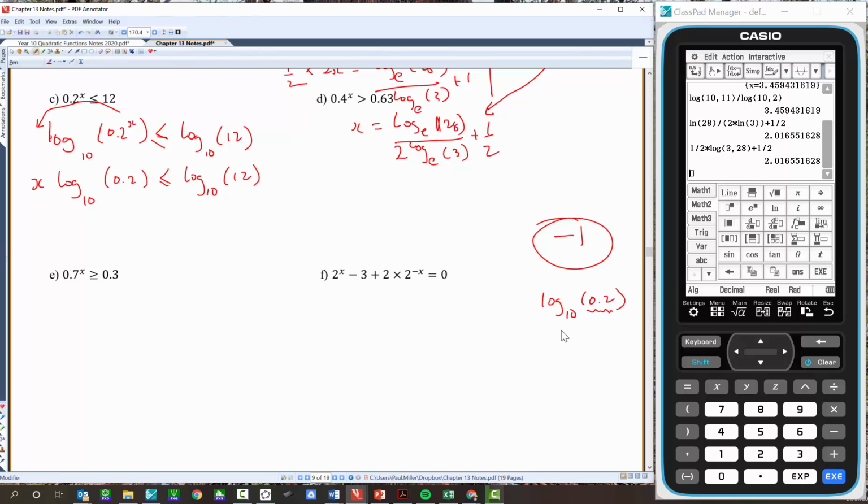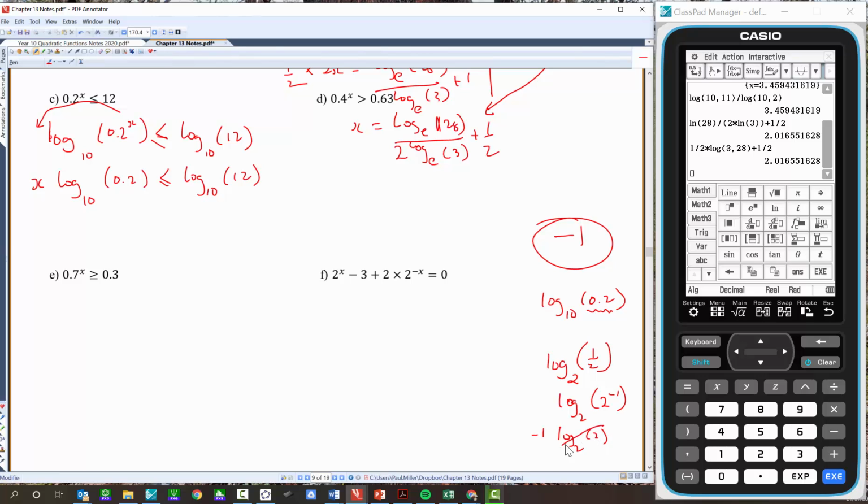Why? What's happening? Let's explore a case here. Let's take log base 2 of a half. That is in fact a negative number. Why is that the case? Well, this can be written as log 2 of 2 to the negative 1, and that negative 1 can come to the front, giving negative 1 times log 2 of 2.